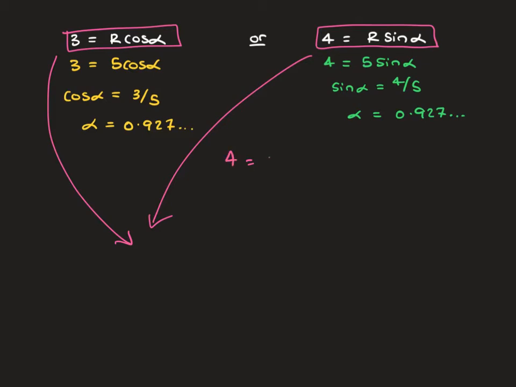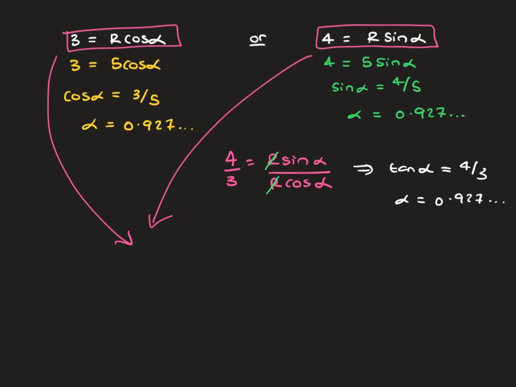So 4 equals r sine alpha is going to be divided by 3 equals r cos alpha. Well, r cancels and we're left with tan alpha on one side and 4/3 on the other. So we get tan alpha equals 4/3, and if we use arctan, we find that alpha equals 0.927. So plenty of different ways in which we can actually work out alpha.